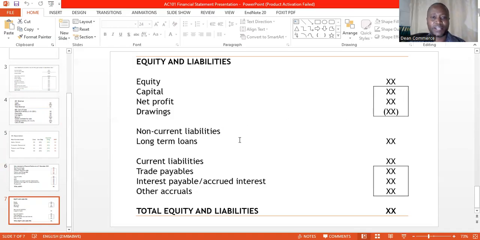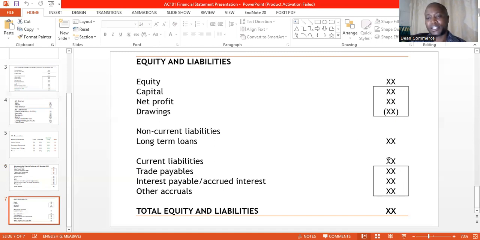Then we have non-current liabilities, long-term loans. So if we have long-term loans, then it means that they are non-current liabilities. Then we have current liabilities in the form, for example, of trade payables, interest payables, and other accruals.